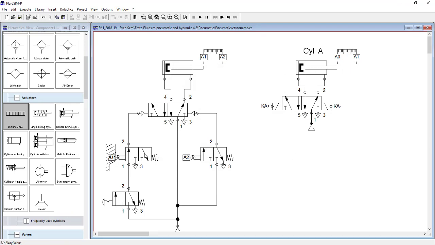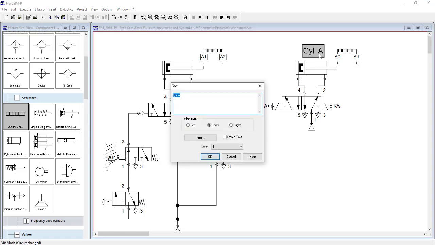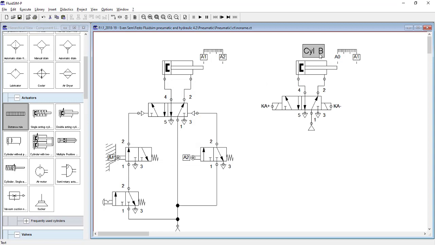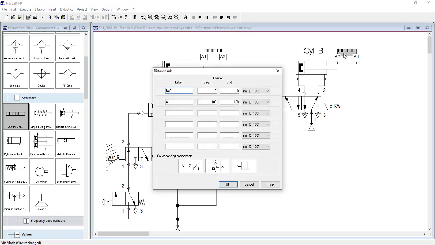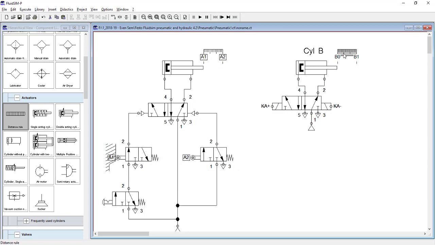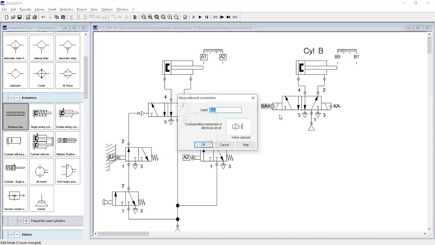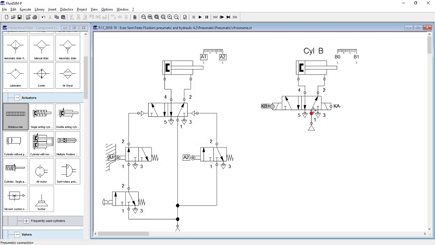Now because there is also A1, A2 over here, for now I will call this cylinder B. I will just completely change the naming convention. See, it makes no difference. Right now I am just doing this to show you how easy an electro-pneumatic circuit is as compared to your pure pneumatic circuit.